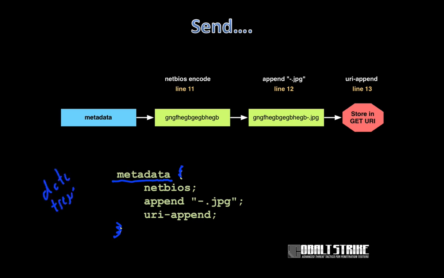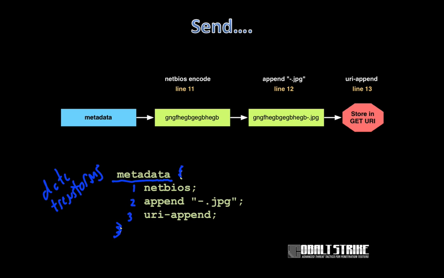These data transforms describe what we want Beacon to do with the data to send it back to Cobalt Strike. We've got 3 steps: NetBIOS encode, append dash.jpg, and URI append. We're going to walk through these.